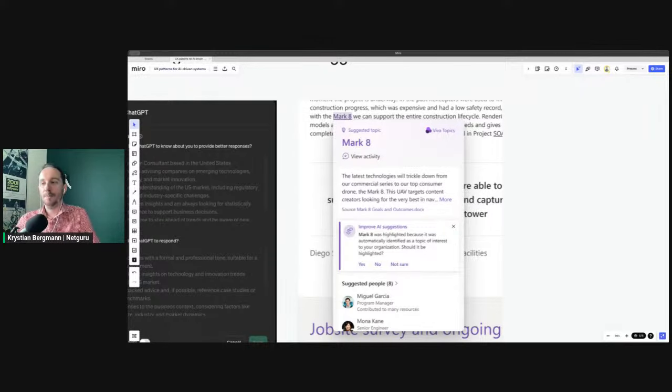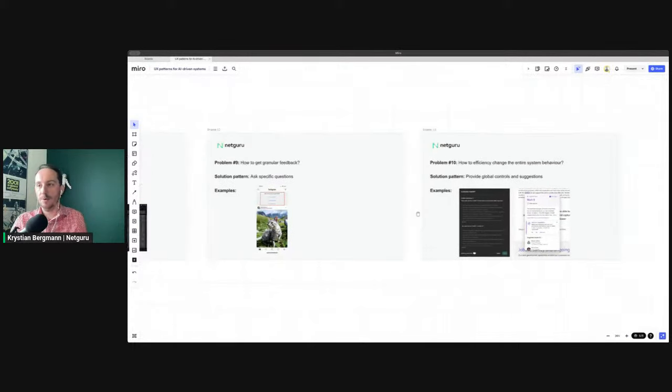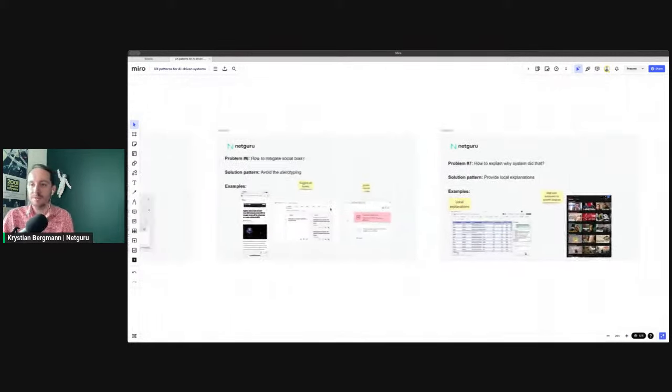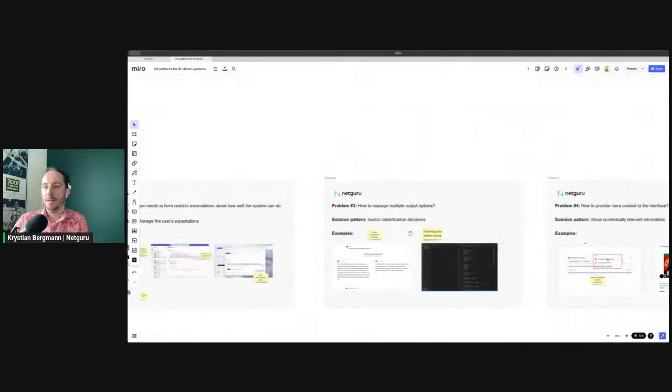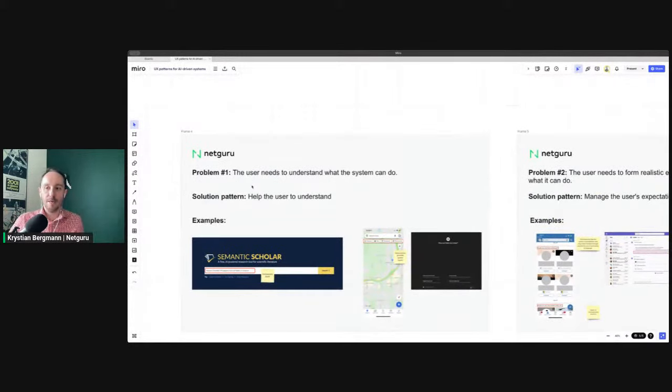So yeah, these are basically the 10 most powerful patterns. So let's wrap it up from the first to the last. Basically, make sure that you help the user understand what the system can do, because it may have a million inputs.